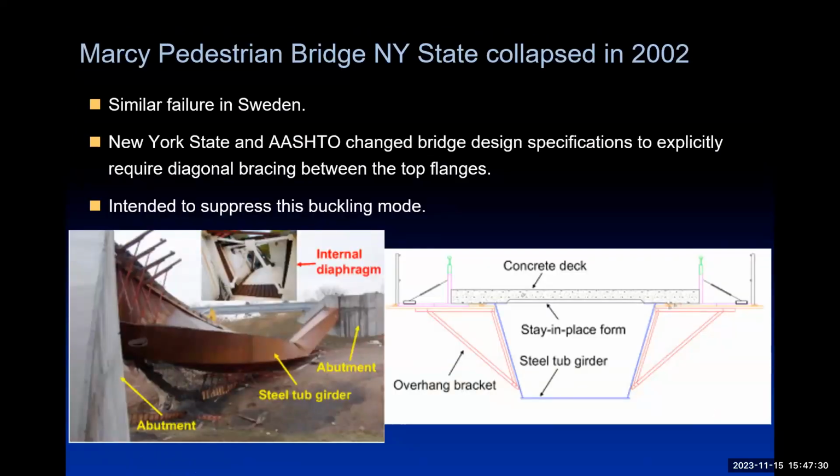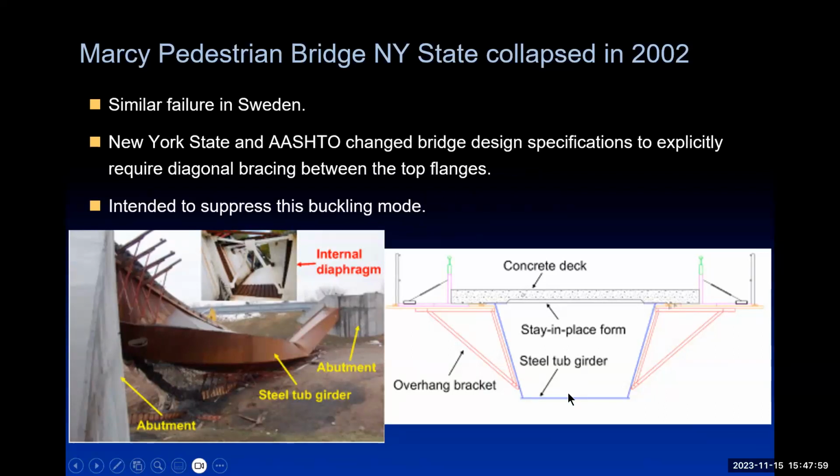Here we have Marcy Pedestrian Bridge in New York State. There was a similar failure in Sweden as well. What we had in this particular case, in practice, was a steel tub girder, they were calling it at the time. In fact, it's subsequently become known as box girder.